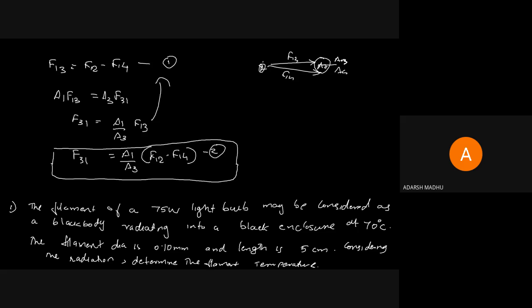So both bodies are black bodies. The filament is radiating to a black body enclosure at 70 degrees Celsius. The filament diameter is given as 0.10 mm and length is 5 cm. So we need to find out the value of the filament temperature.